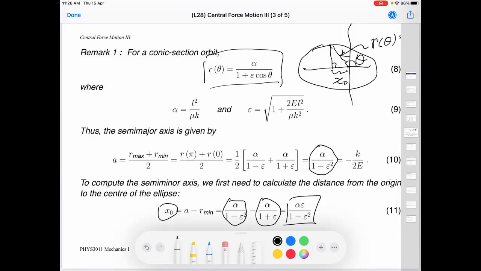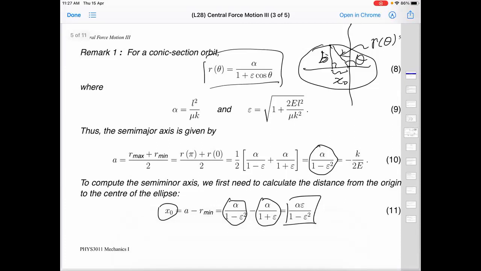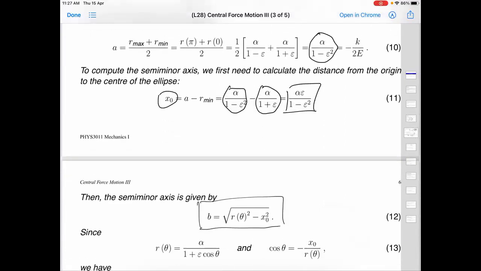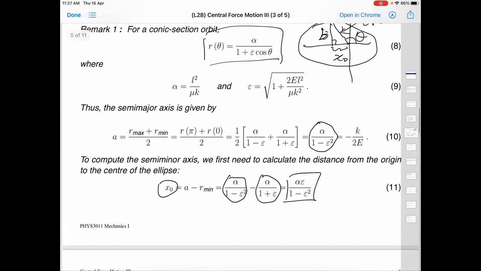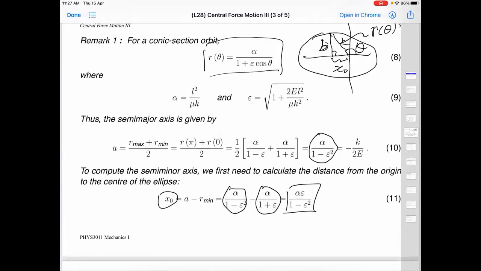Okay, semi-minor axis. This is the B, semi-minor axis. So B is equal to the square root of R square theta minus x naught square. And cosine theta is equal to minus x naught divided by R theta. Get it?